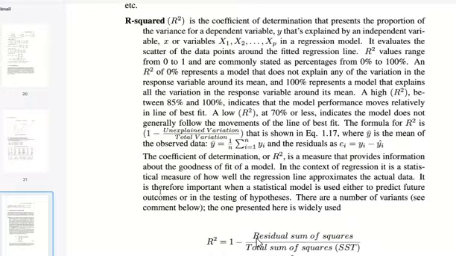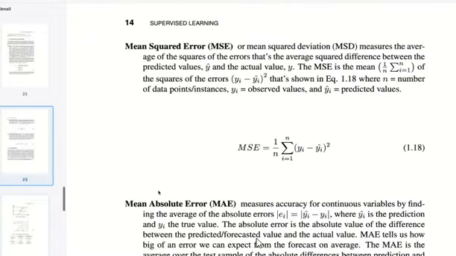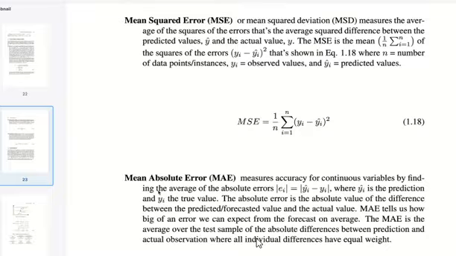Yes, sir. Okay. Now we have another two parameters that we can use to evaluate the regression model. One is mean square error: the sum of y minus y hat to the power square, divided by n.